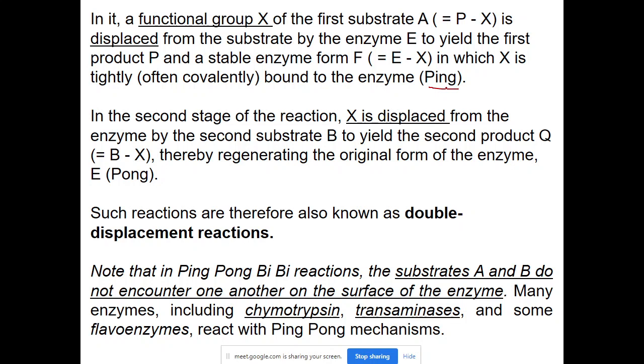The first part of the displacement is known as the ping, and in the second stage, X is again displaced from the enzyme to the second substrate B to yield the second product Q, thereby generating the original form of the enzyme, which is known as pong. That is why the reaction is known as ping pong.